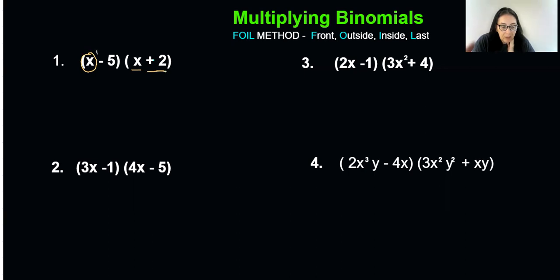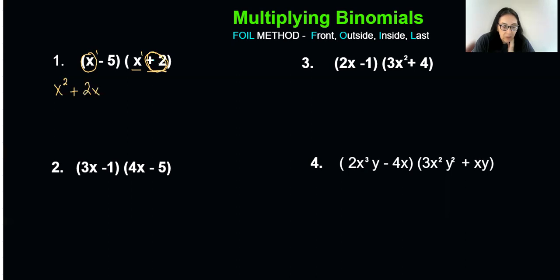So x times x is x squared. 1 plus 1 is 2. Now, the next thing I have to do is take this x times the positive 2. A positive times a positive is a positive, and 2 times x is 2x.